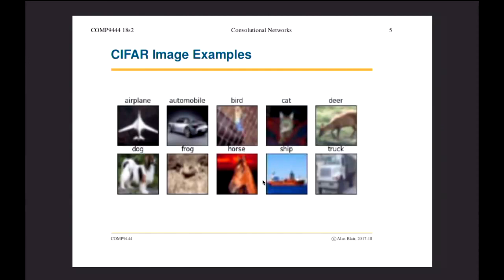And then every winner since then has been some kind of convolutional neural network. So we'll talk later today about some details of how that competition has evolved and what kind of networks people have used over the years since 2012.